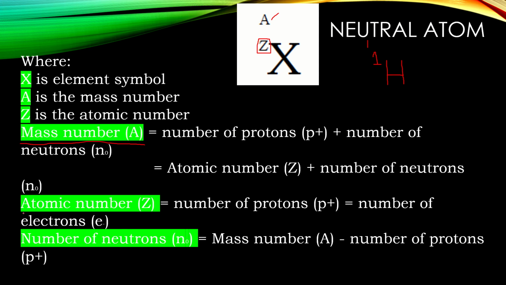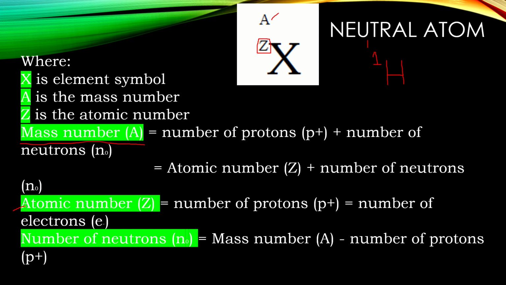So, how can we know the atomic number of an element? Again, the atomic number of an element can be seen at the top left corner or at the top center of the element.